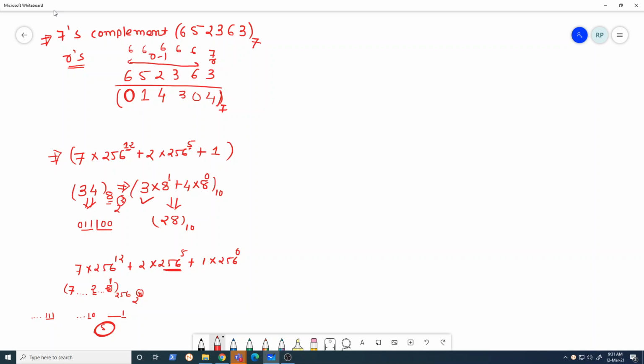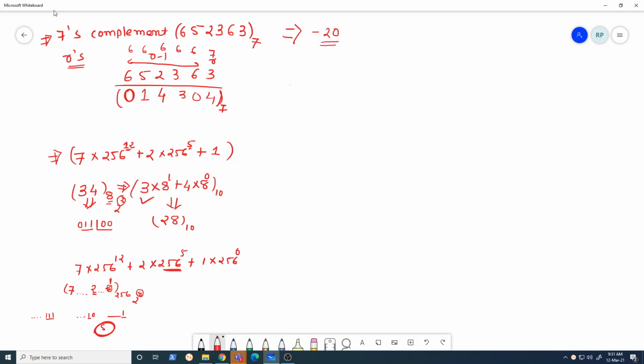Okay, then next is, how many addition operations are required in Booth multiplication algorithm if your multiplier is minus 20, right? Multiplier is given, that is minus 20, right?